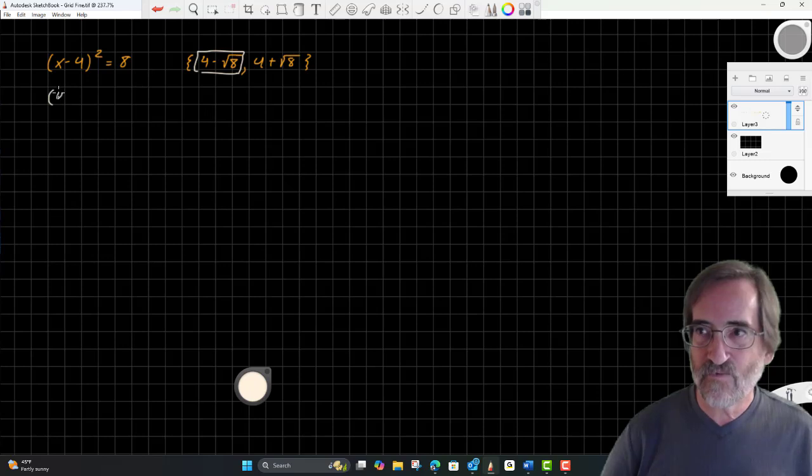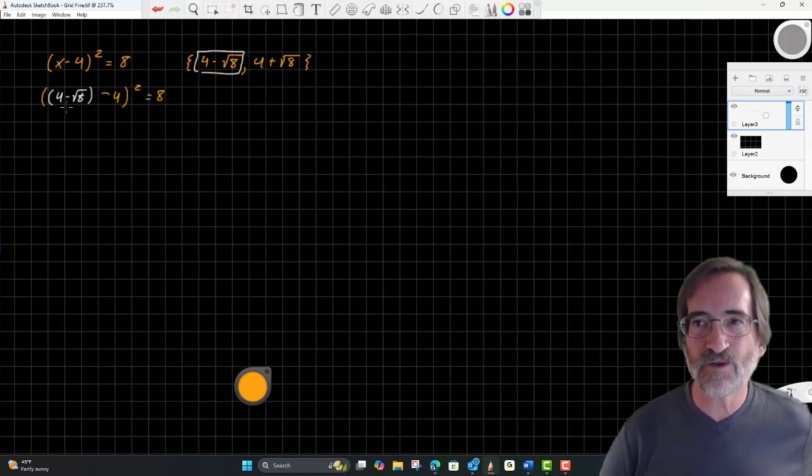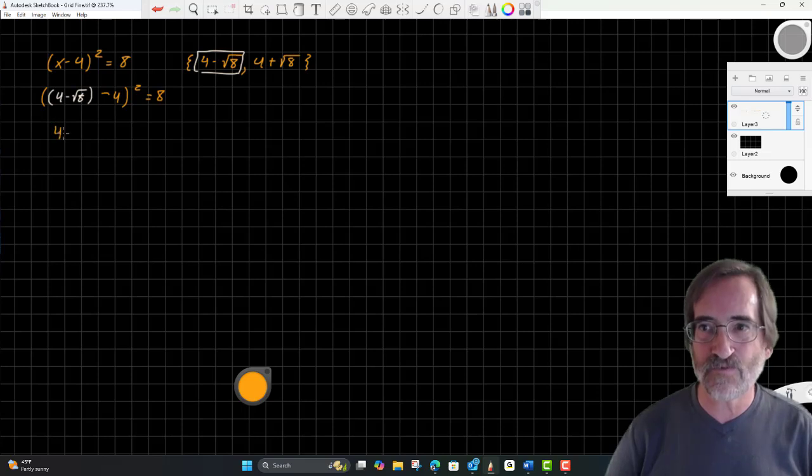Everything else remains the same. Minus 4 squared equals 8. Now this parentheses isn't doing anything, so this is just 4 minus root 8 minus 4 squared equals 8.